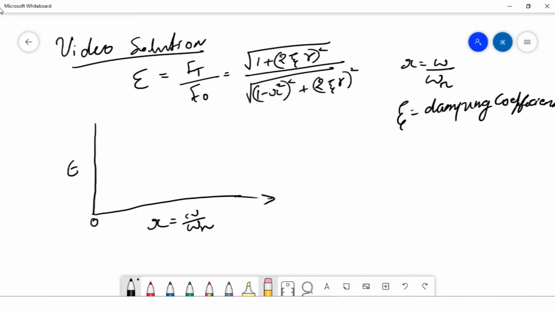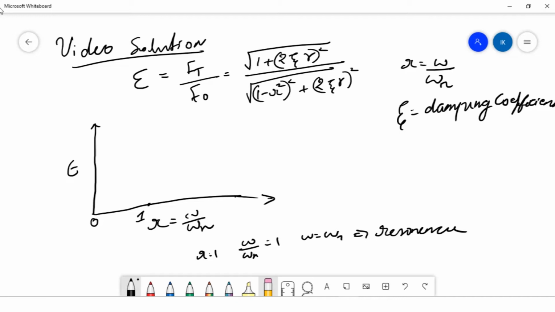What happens at r equal to 1? When r is equal to 1, omega by omega n is equal to 1, omega is equal to omega n, which is the condition of resonance.